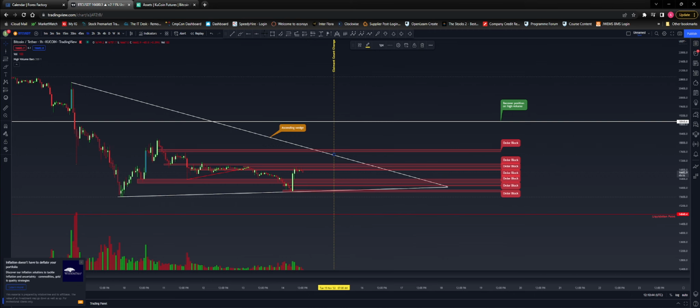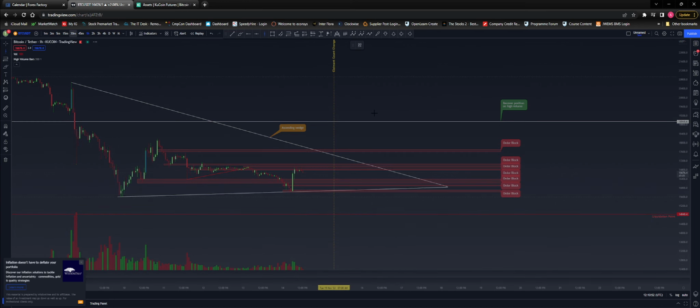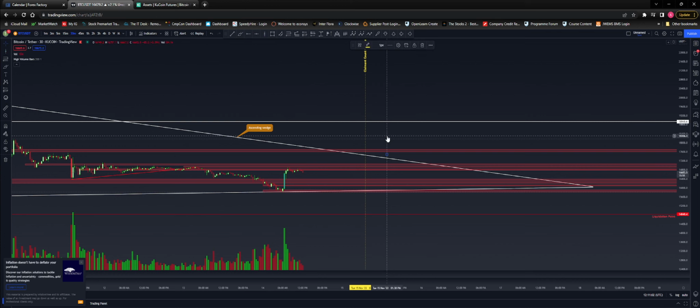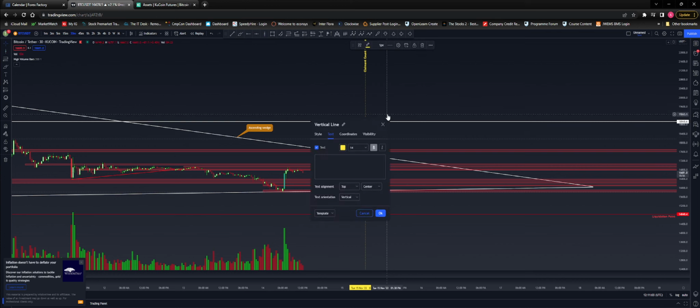1:30, so let's go ahead and get the horizontal line out again. This time we need to go to the half-hour time frame to get the 1:30. Okay, so where's 1:30? 1:30 is there. Same again, double click, get our text out.